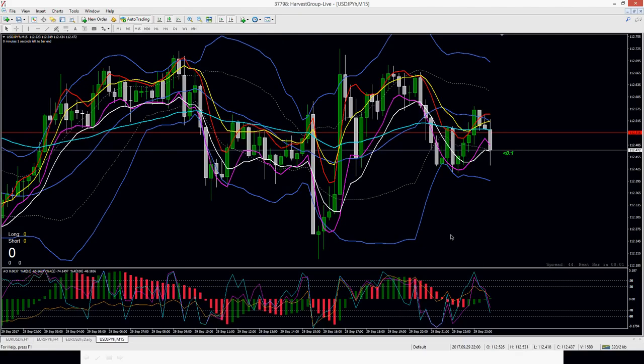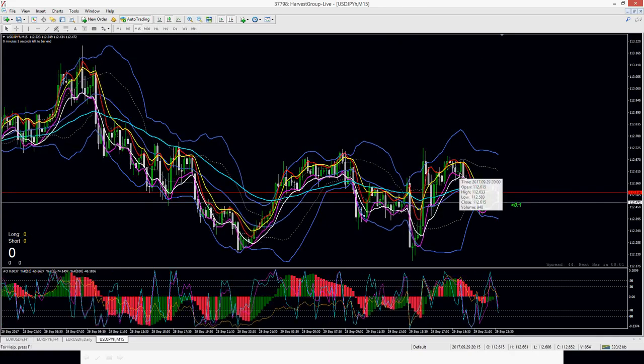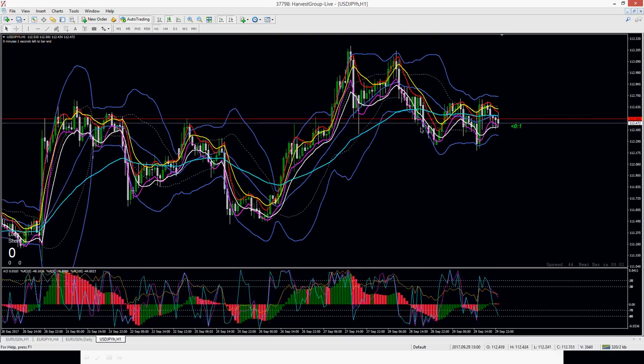M15 is also a sell setup. However, you have extreme sell here, extreme buy here, and you have a rejection of top BB over here, but no extreme A sell. This is extreme B because of the sideways Bollinger Band, and you have lost momentum over here, extreme deviation 1, and the price is still going sideways. So obviously, the direction of the market is not defined yet, because H1 is going sideways.